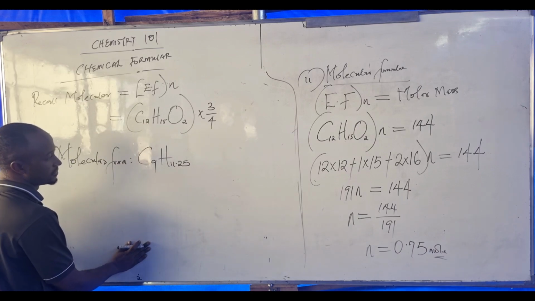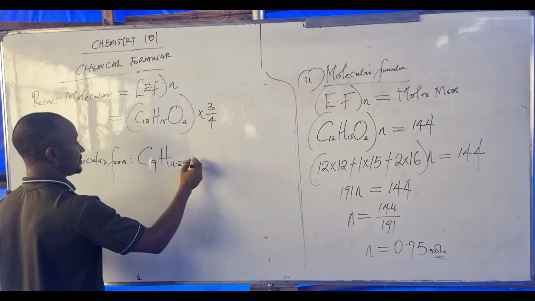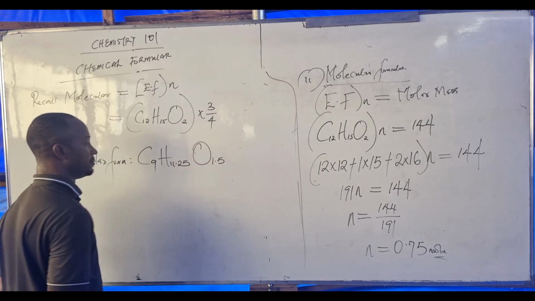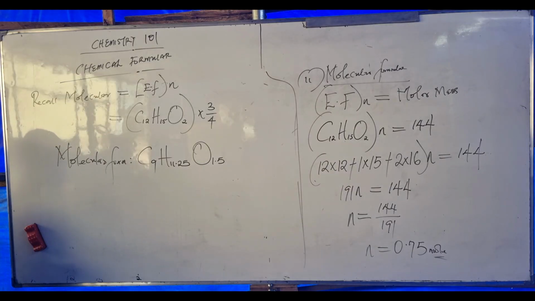Okay. What about this? 1.5. Are you sure? Oxygen is 1.5. But I can't stop here. I will apply that same principle. Let's multiply this by 2. What do you have? 18, Abi?